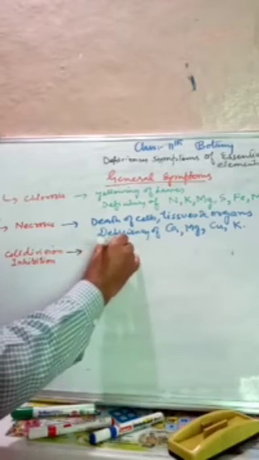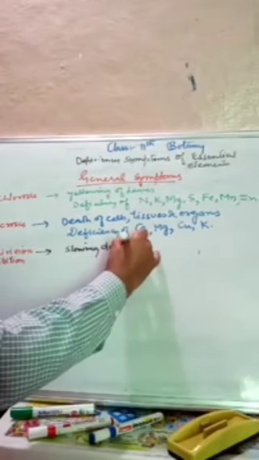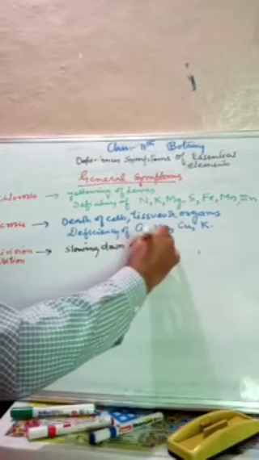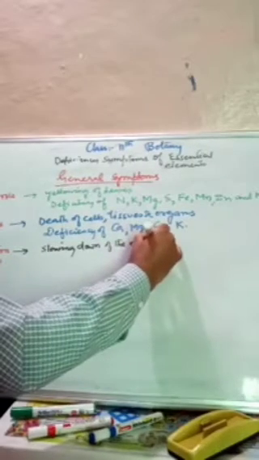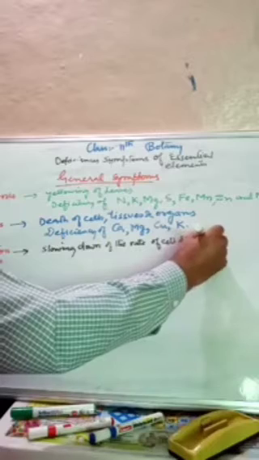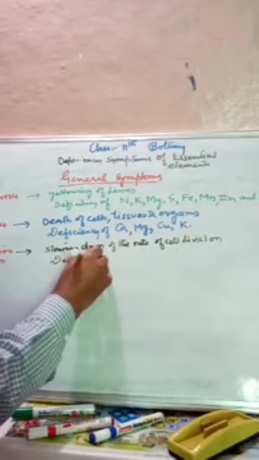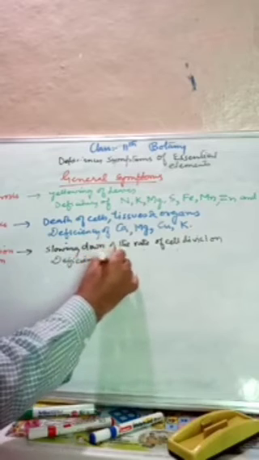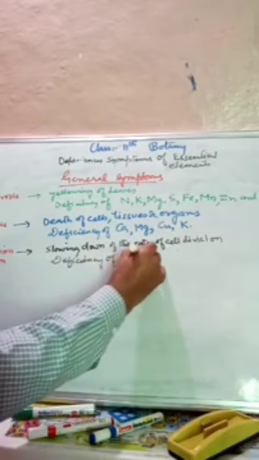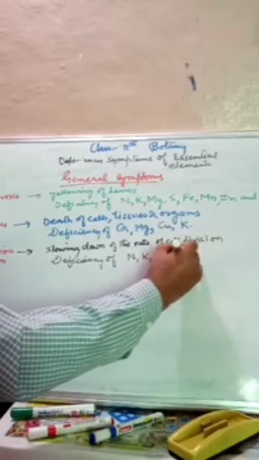Slowing down of the rate of cell division, and it is caused by the deficiency of various elements like nitrogen, potassium, sulfur, and molybdenum.